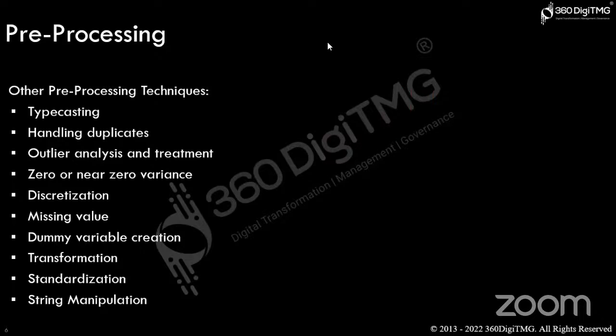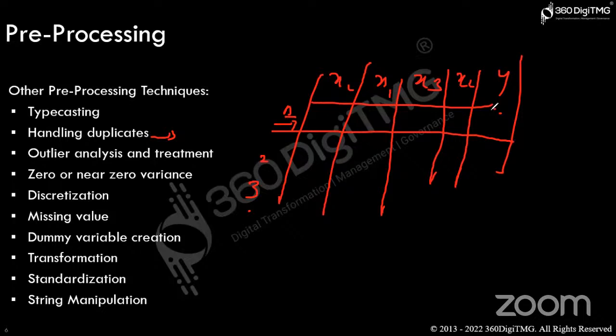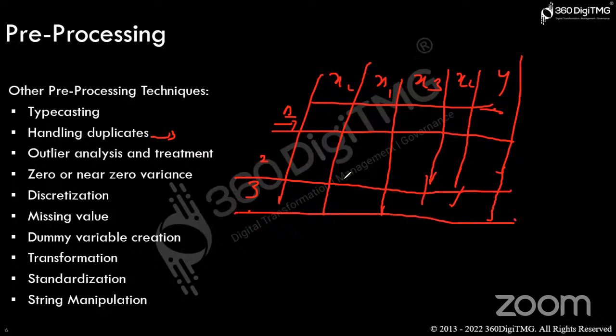When it comes to handling duplicates, whenever you have a data frame, let's assume it is your data frame with entry 1, entry 2, entry 3. When any two or multiple of these entries are exactly the same, it is called a duplicate. It is a copy exactly.